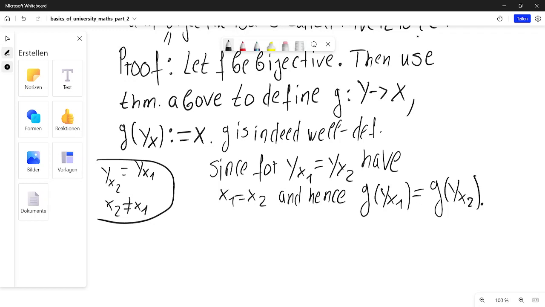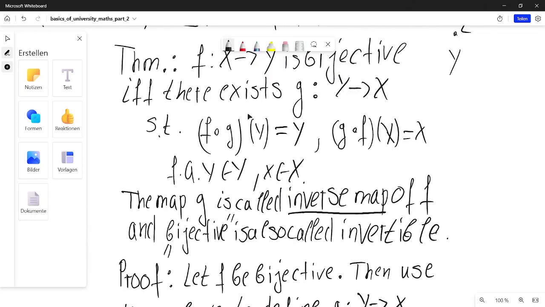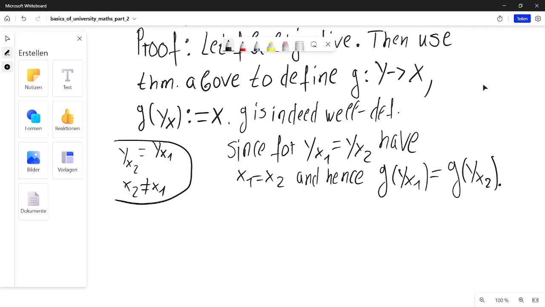But let's continue. So we have defined such x as a G, and now we just have to prove both equations, both those equations for the respective elements. Let's do that.